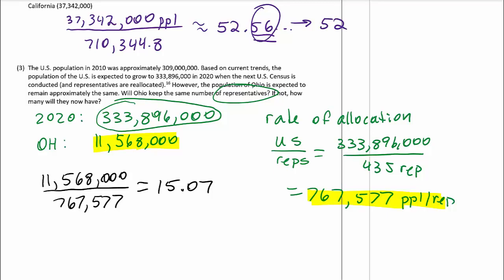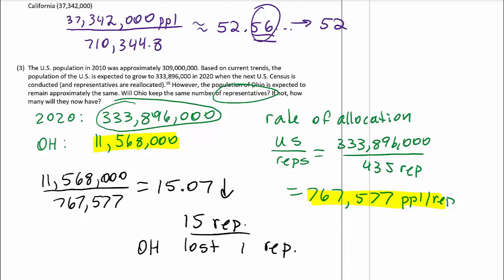You see, it becomes 15.07 instead of 16 something. All right, and now when you're rounding here, you just truncate it. So it's going to be 15 representatives. So Ohio is projected to lose 1 representative.